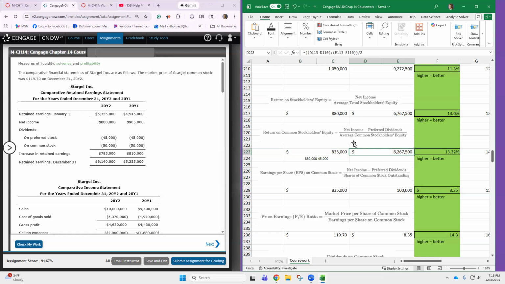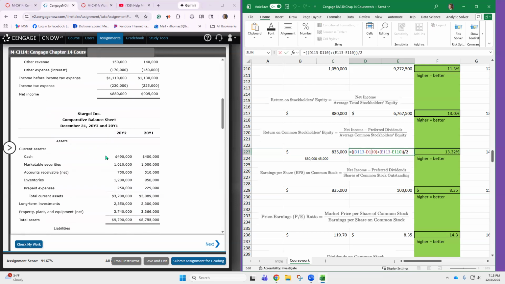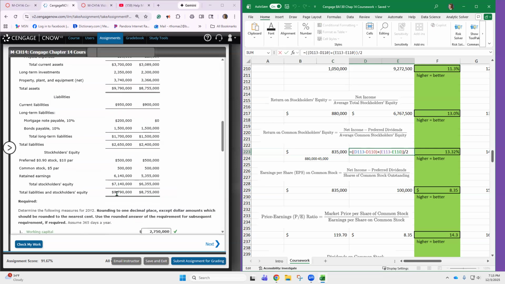Now I'm going to check my average common stockholders' equity, and that's going to be down here in the equity section of the balance sheet. So we want to eliminate the preferred here. So we are looking at 7,140,000 minus 500,000.